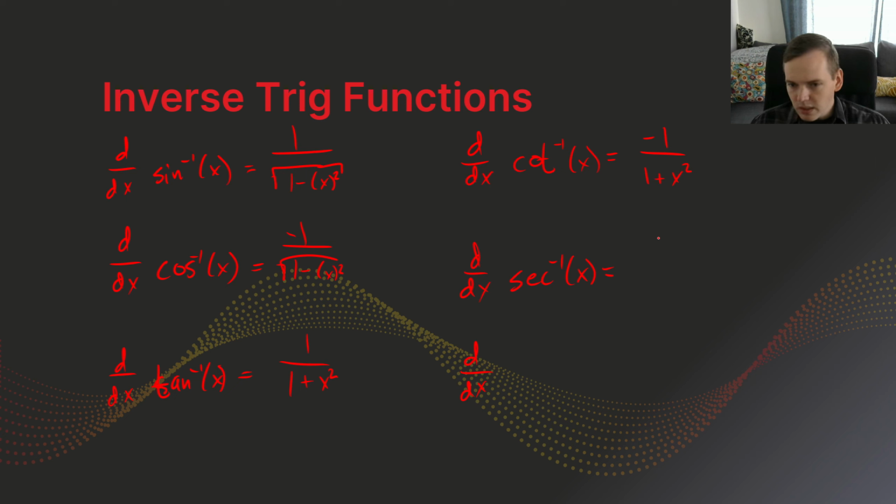Inverse secant is 1 over the absolute value of x times the square root of x squared minus 1. And cosecant is negative 1 over the absolute value of x times the square root of x squared minus 1.